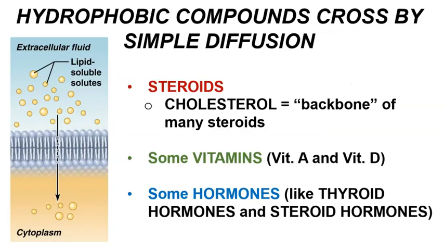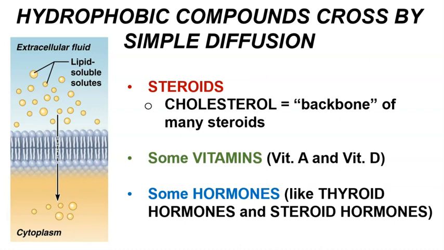A few examples of some hydrophobic compounds include steroid-based substances, because steroids are based off of the cholesterol molecule, and cholesterol, as we know, is a lipid. Certain vitamins, like vitamin A and vitamin D, are lipid-soluble, as well as some hormones are lipid-soluble, and they do have the ability to cross the plasma membrane by simple diffusion.